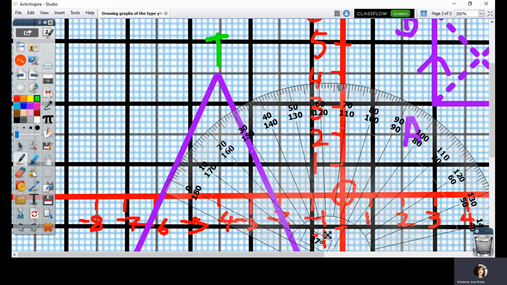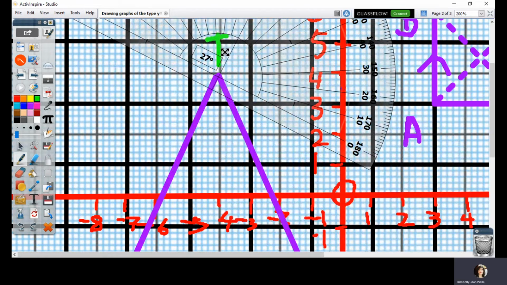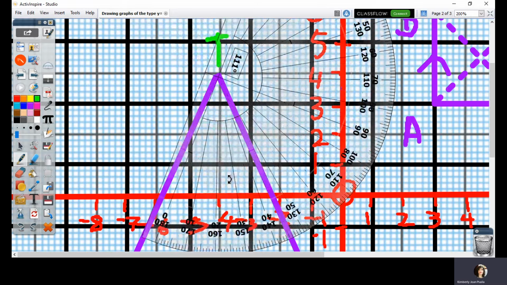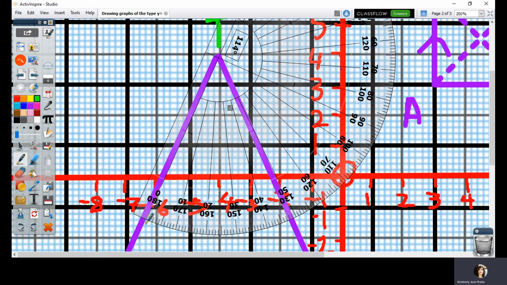And now we have our last angle, angle T. You put your protractor, the center, on the point T. You rotate your protractor until you have your zero line on one of your lines. Then you have to read from your zero up until here.